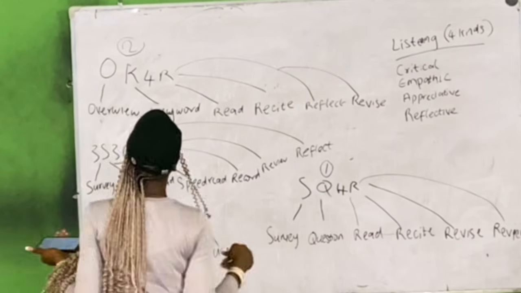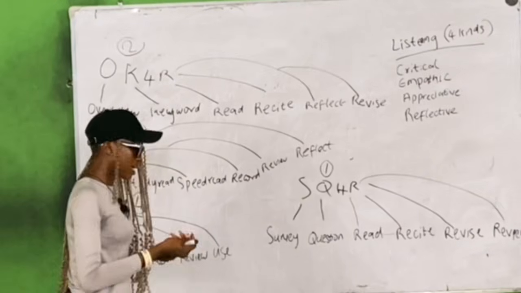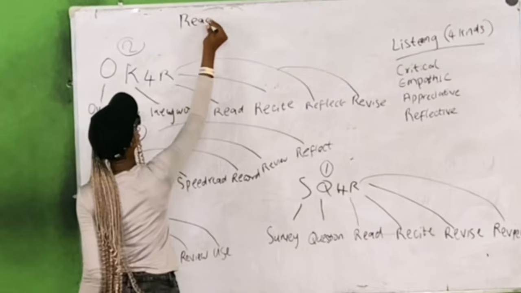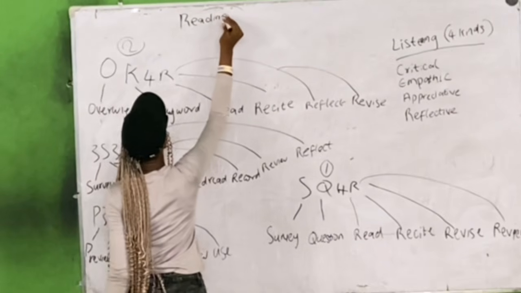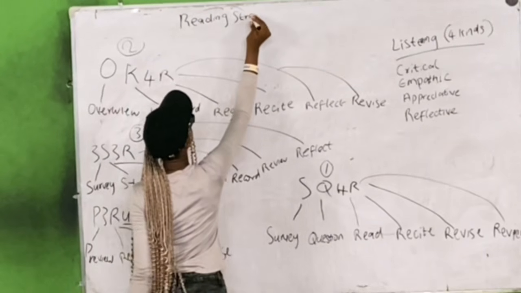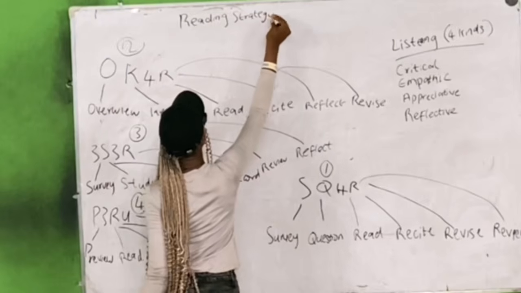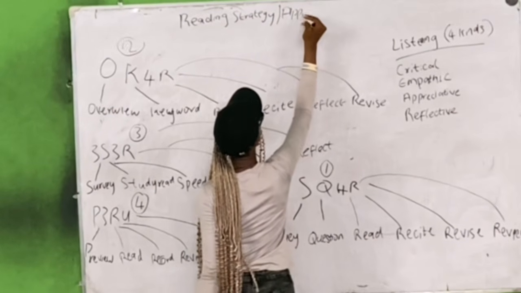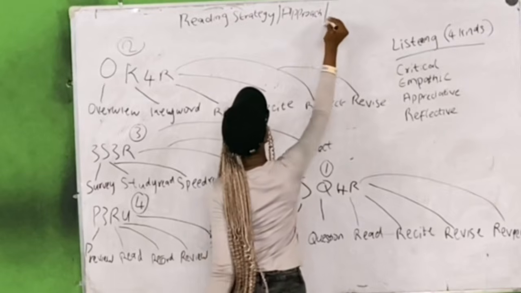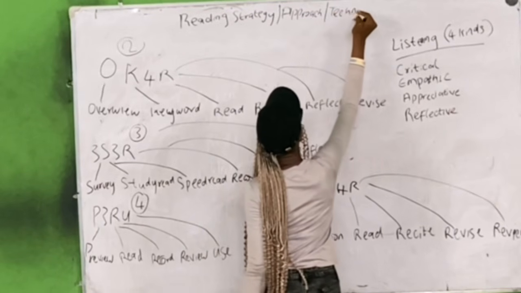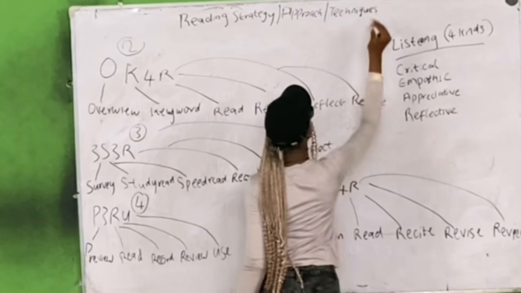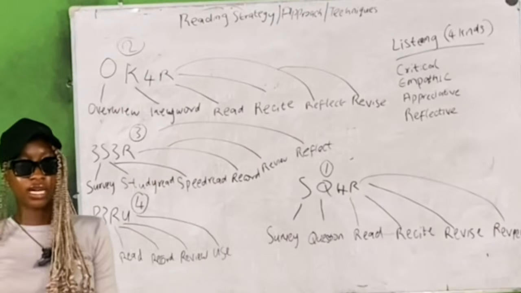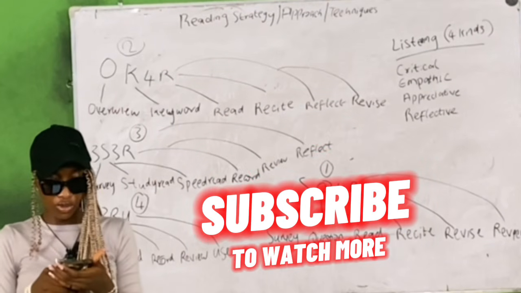This question can come as reading strategy, approach, or techniques. So the remaining ones in unit one, you can understand it. So let's move on to unit two.